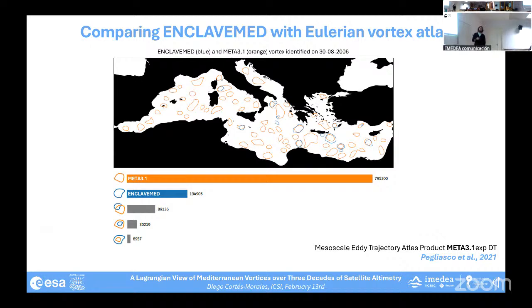In orange, the Eulerian atlas, and in blue, the Lagrangian atlas, and you can clearly see there is much less identification of eddies in the Lagrangian product than the Eulerian one. This is the total number of Eulerian eddies identified across 30 years, and this is the number of Lagrangian ones.